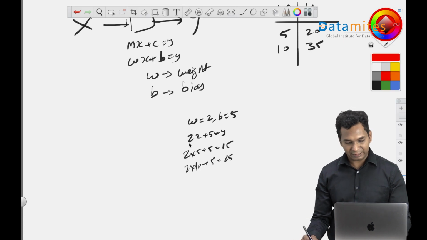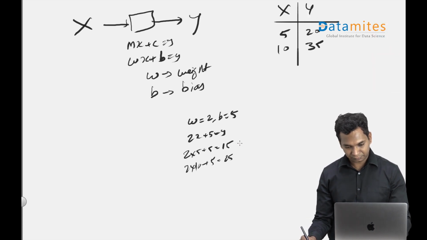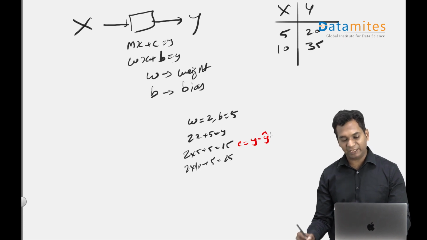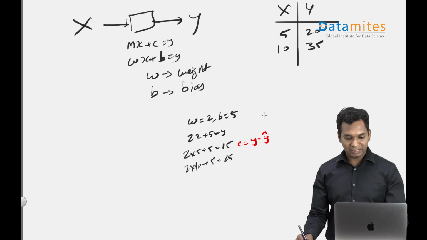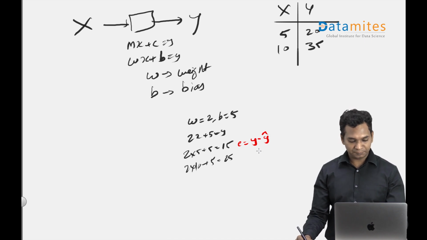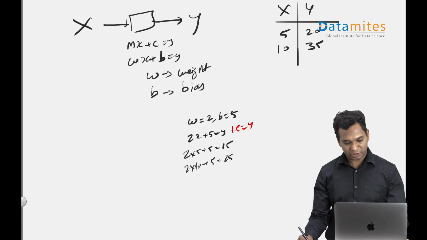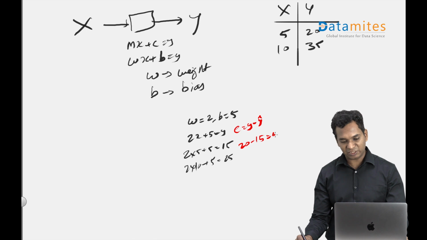So the error in this case is defined as actual value minus the predicted value, which can be represented by y cap. In our case, actual value is 20 and the predicted is 15. The error is 5. In the second data, actual value is 35, predicted is 25, error is 10.